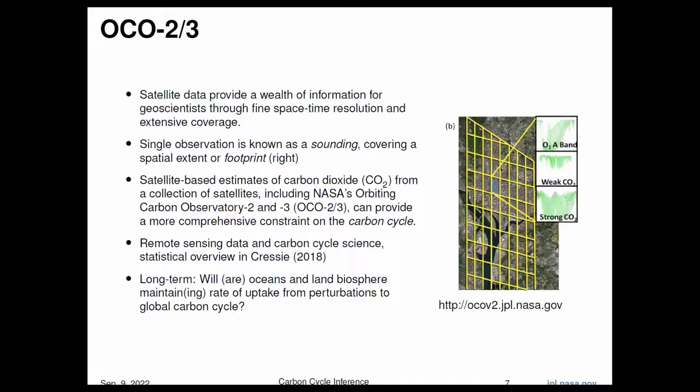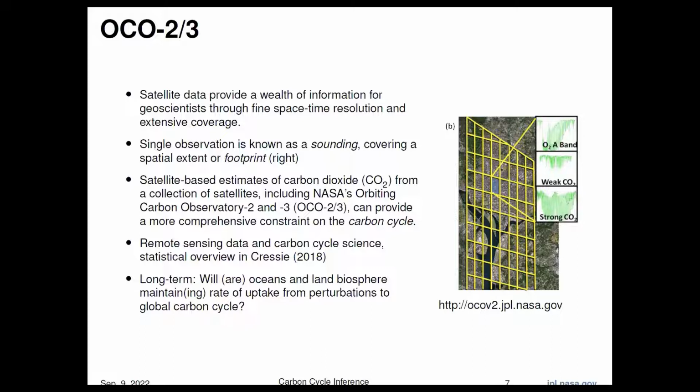To motivate that, a little bit more about OCO2 and OCO3. On the right in the schematic is an overlay of the observing pattern of OCO2. The little rectangles are individual footprints that constitute a single snapshot, or a single observation, from OCO2.